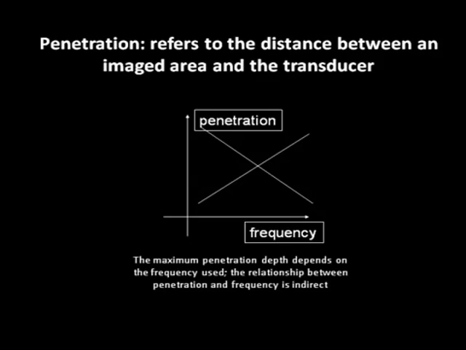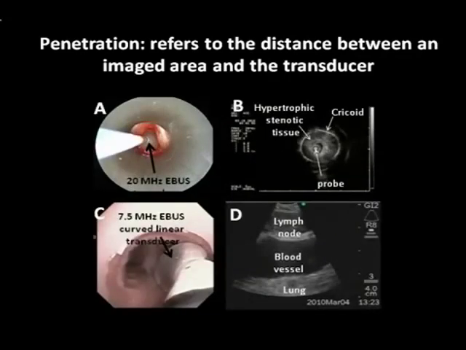Penetration refers to the distance between an imaged area and the transducer. The maximum penetration depth depends on the frequency used. Higher frequencies do not penetrate as deep as low frequencies. Here, the high-frequency radial probe has been placed inside a subglottic stenosis at the level of the cricoid cartilage.